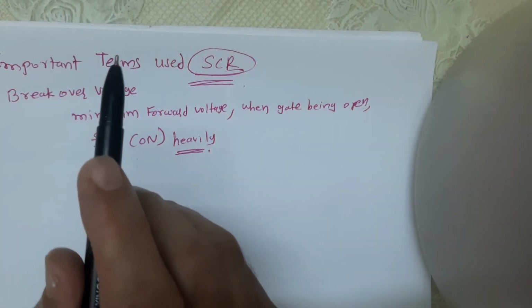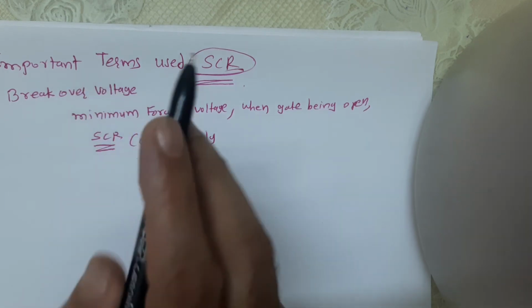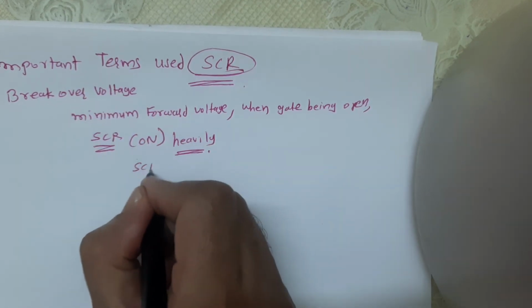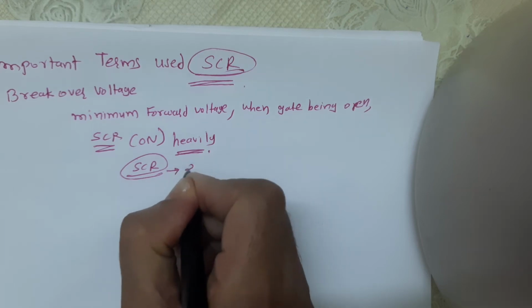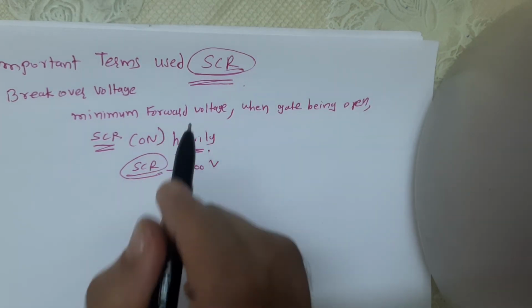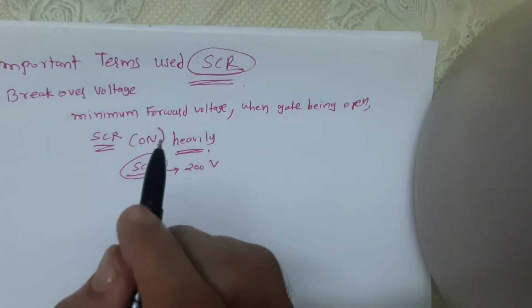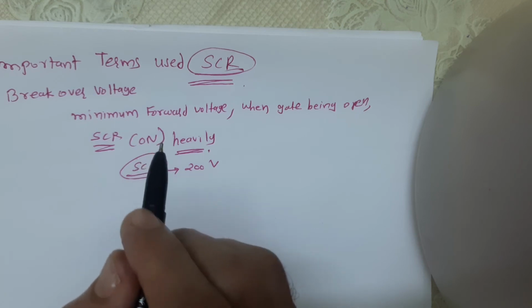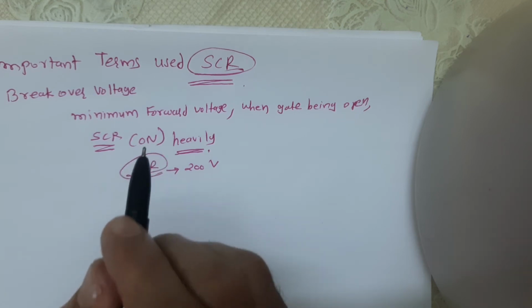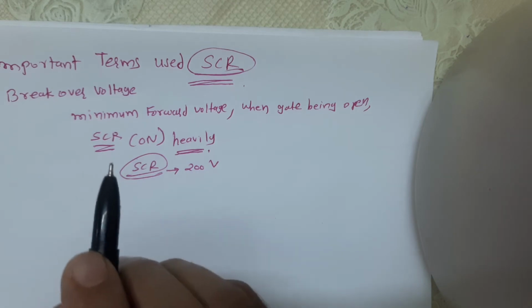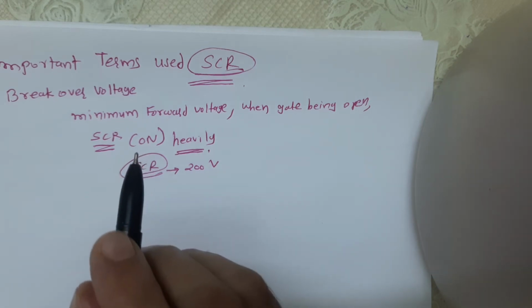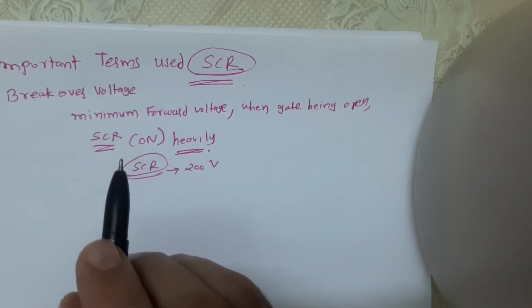For example, if the breakover voltage of SCR is 200 volt, it means that it can block a forward voltage as long as the supply voltage is less than 200 volt. If the supply voltage is more than this value, then SCR will be turned on.